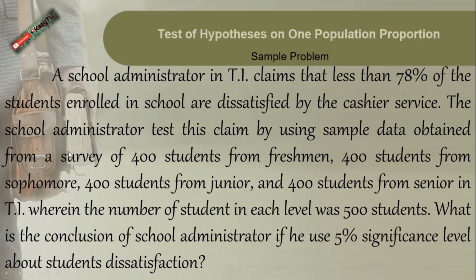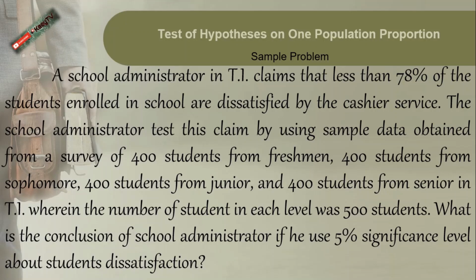The school administrator tests this claim by using sample data obtained from a survey of 400 students from freshmen, 400 students from sophomore, 400 students from junior, and 400 students from senior in Tanawan Institute, wherein the number of students in each level was 500 students. What is the conclusion of the school administrator if he used 5% significance level about students' dissatisfaction?